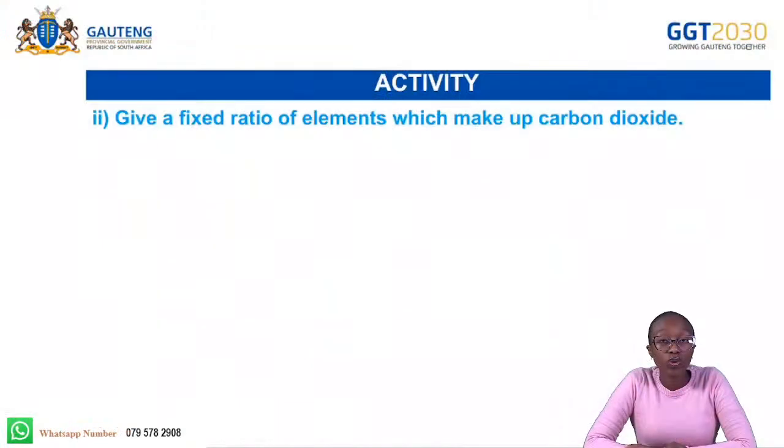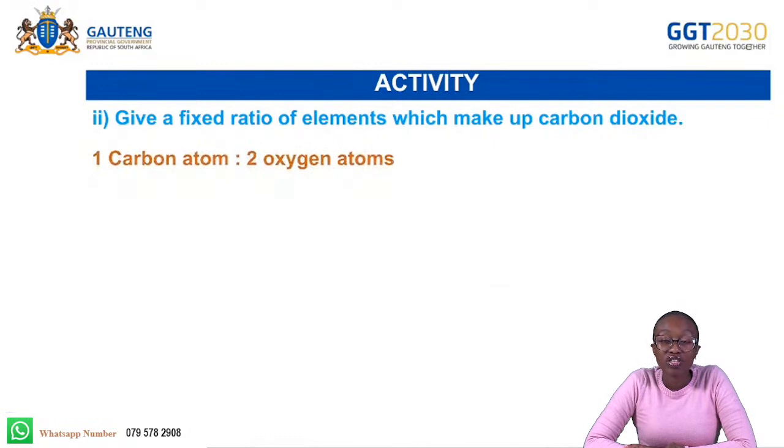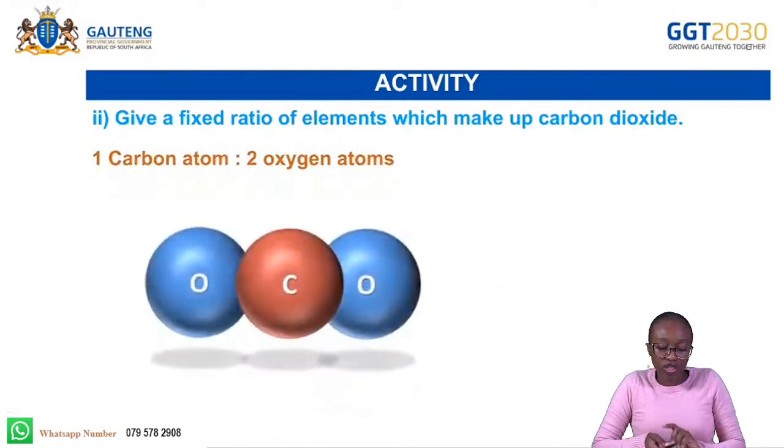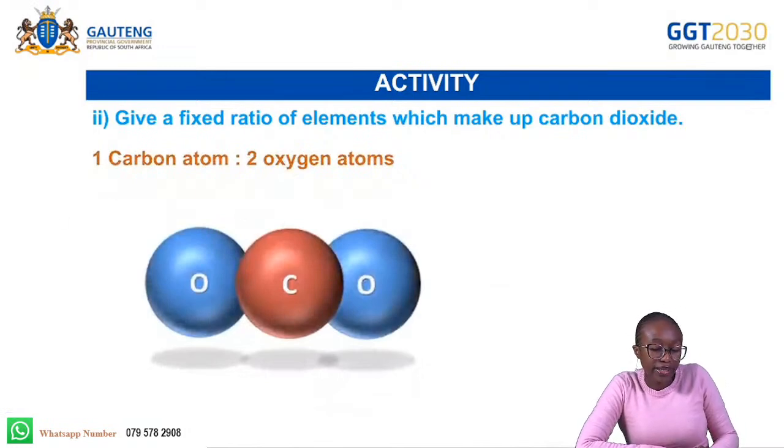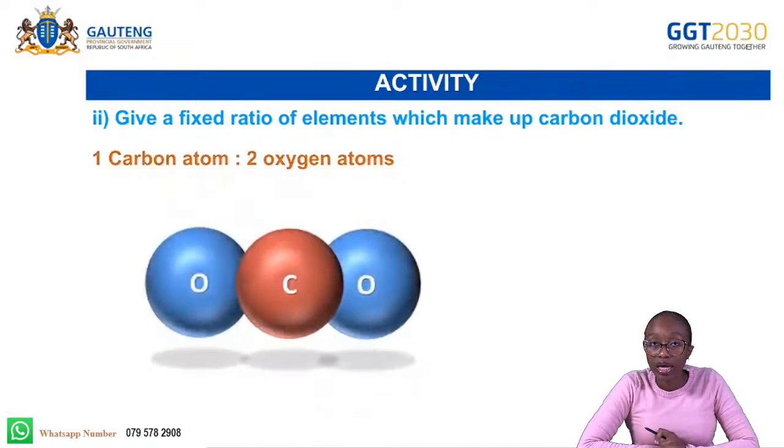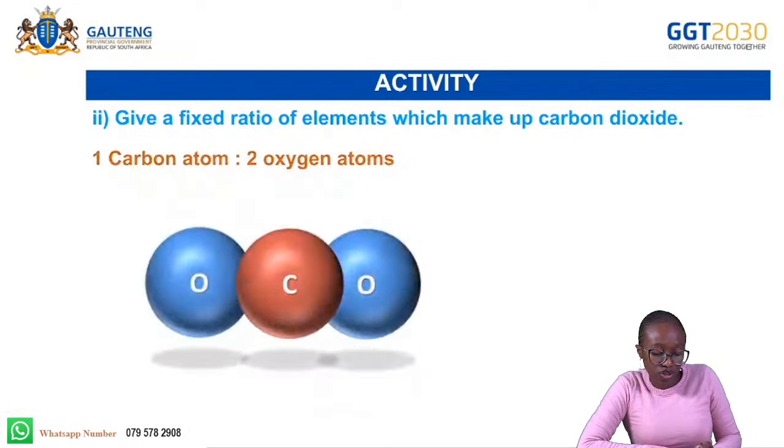Welcome back. Now let's answer the second question. We were required to give a fixed ratio of elements which make up carbon dioxide. So the ratio is 1 carbon atom to 2 oxygen atoms. I included a model in the corrections just to explain the ratio.